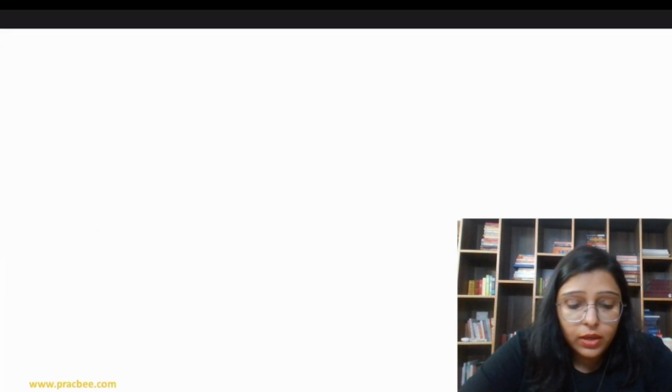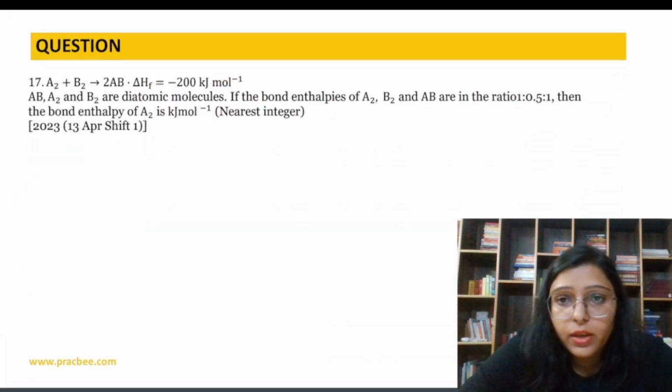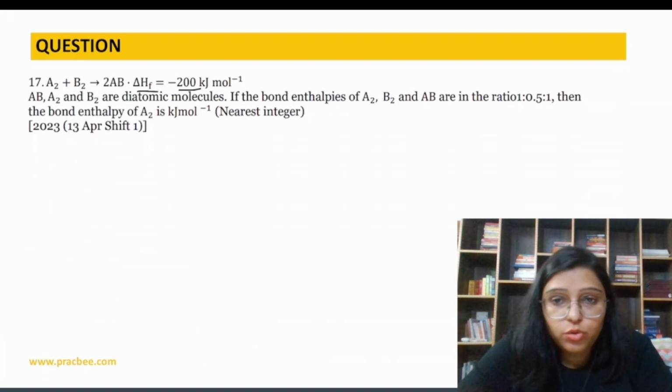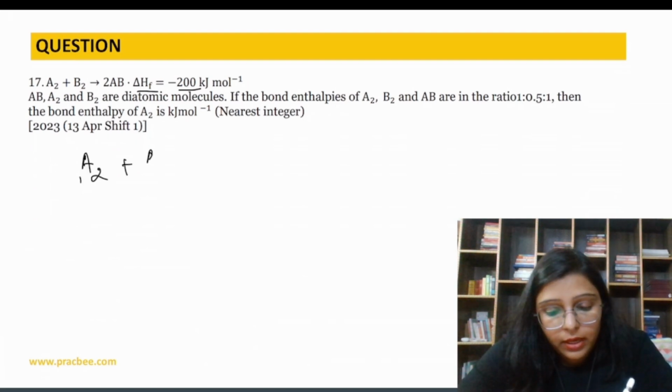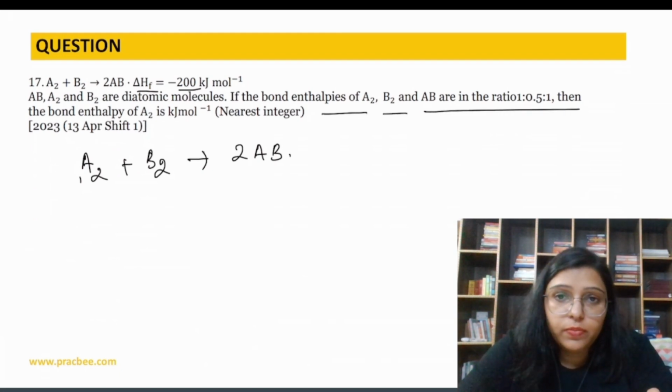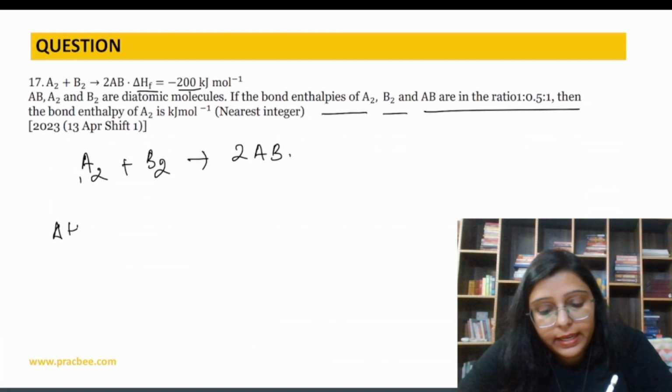Now let's do the next question. A2 plus B2 gives 2AB, and delta Hf is minus 200 kilojoule per mole. A2, B2 and AB are diatomic molecules. The bond energies of A2, B2 and AB are in the ratio given.